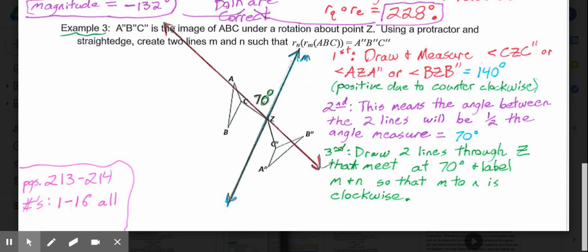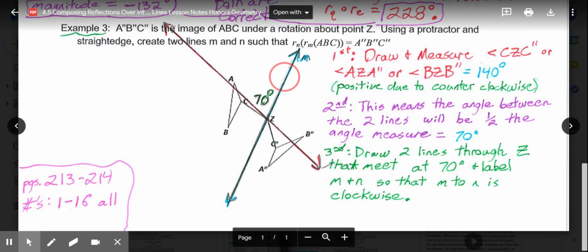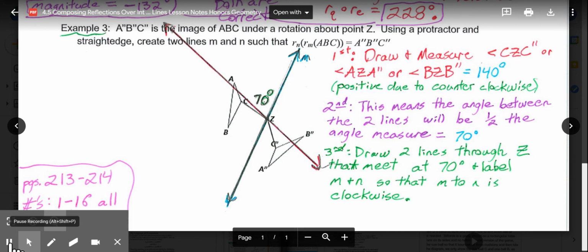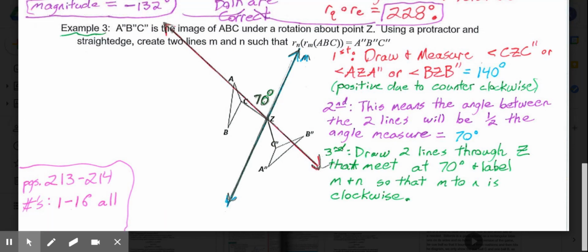And when you label them M and N, you want to make sure that you're going clockwise from M down to N, or from here to here, that's clockwise. So then here down to here, here to here, and so on. So in this case, our 70-degree angle would be M to N. If we were going to properly label these two lines, it would have to be based on where the 70-degree measure is.